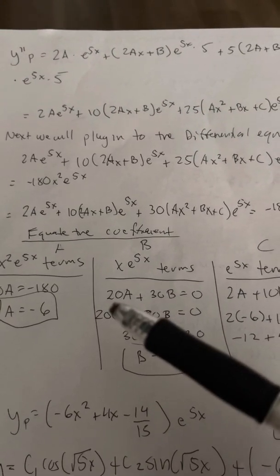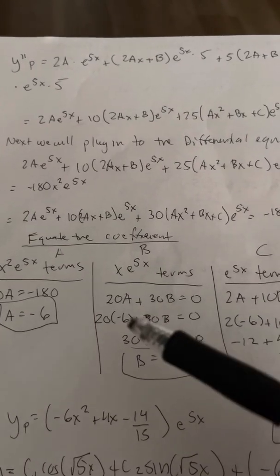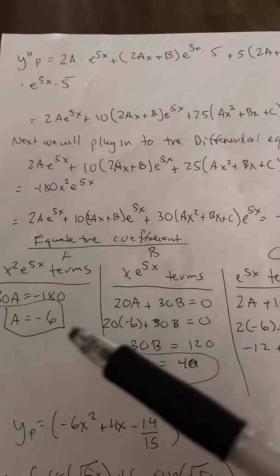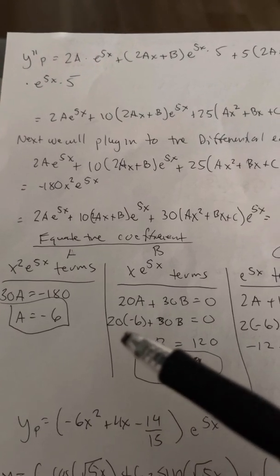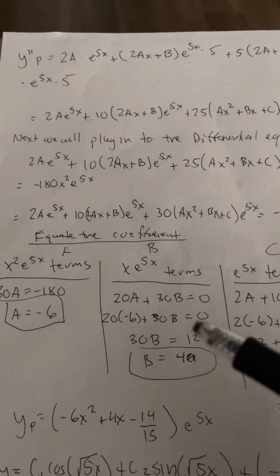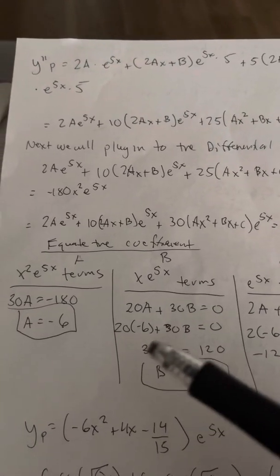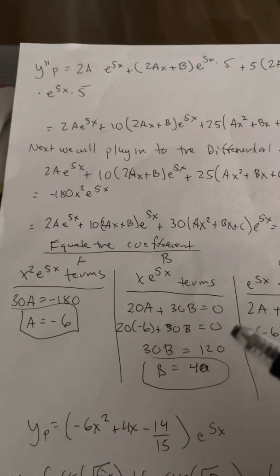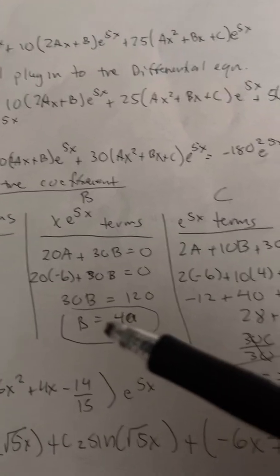Now we solve this equation. We know that a is equal to negative 6, so we can plug in negative 6, which will get negative 120 plus 30b equals 0. In order to solve for b, we'll add 120 to the right-hand side, which will get 30b equals 120, which will get b equals 4.